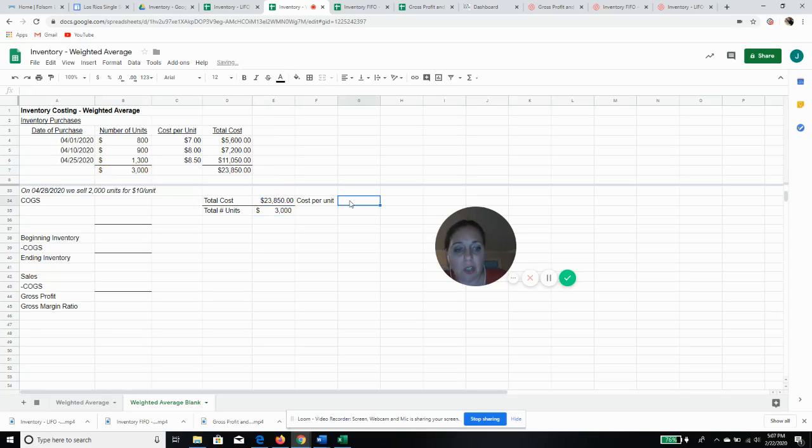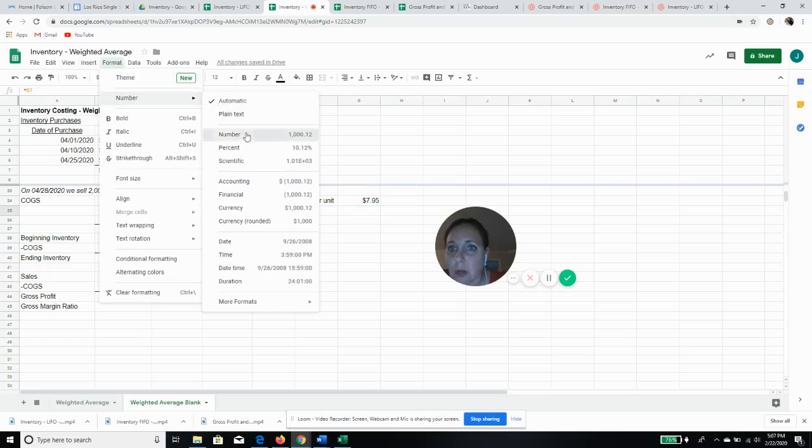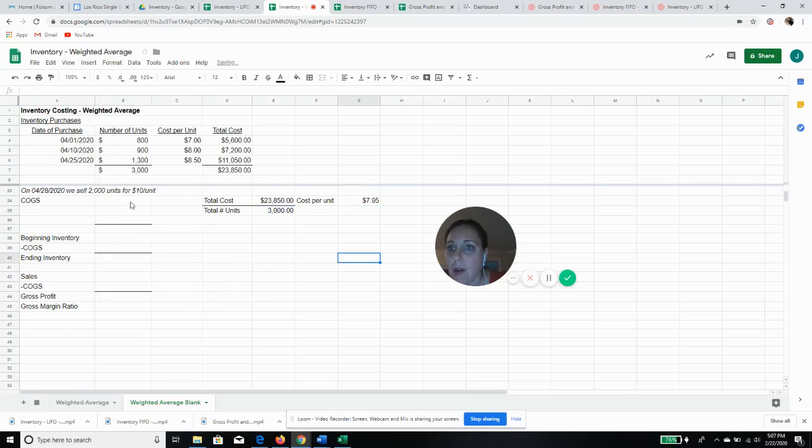And our weighted average cost per unit will be $7.95. And we're just going to make this one a number. There we go. All right. So our weighted average cost per unit is $7.95.